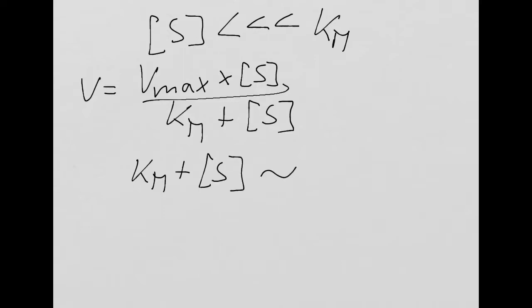Say this one is 1 and this one is 10,000. It would be close to Km. 10,000 and 1 would give us 10,001. So the same argument again: it's roughly Km.